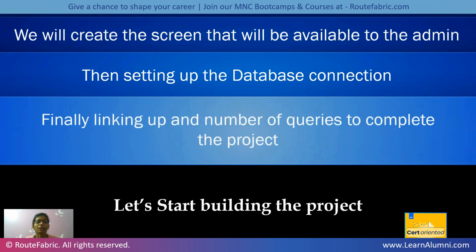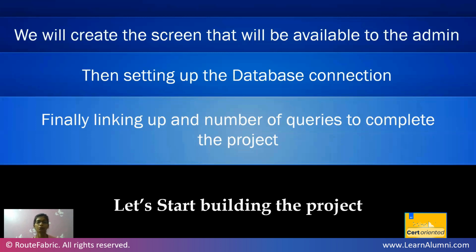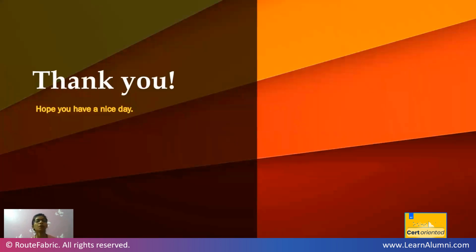And then finally, we will link all those things together: the screens that we have created, the buttons, the values, and the database along with it, and along with a number of queries we will be writing. Finally, our project will be ready. And then if you want to add something new, you can go ahead and add it. So let's go ahead and dig into it.